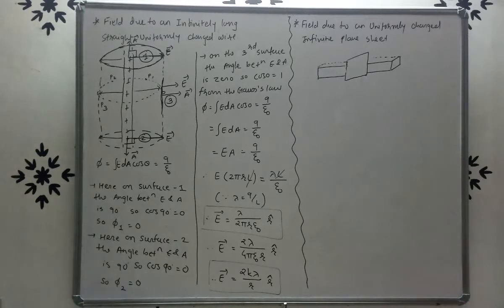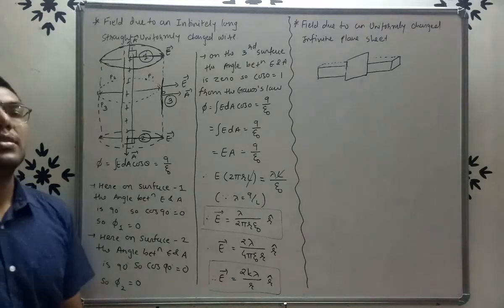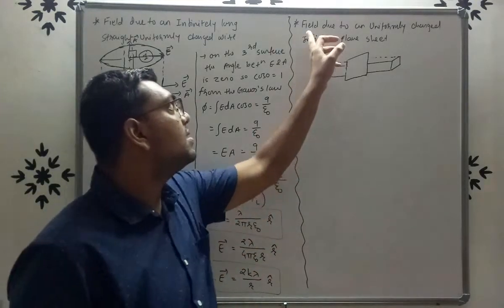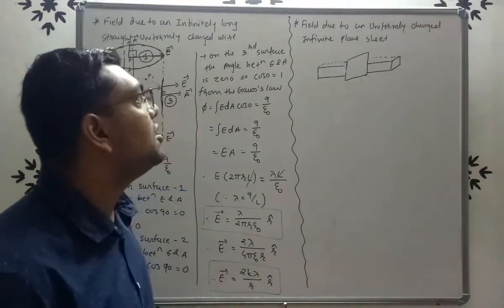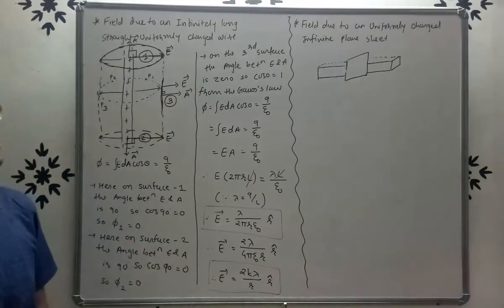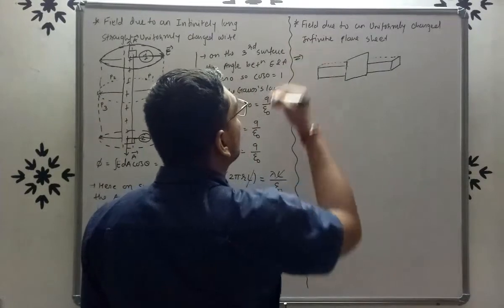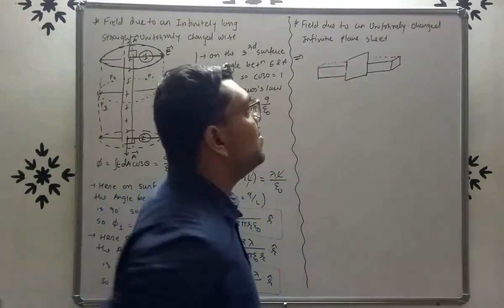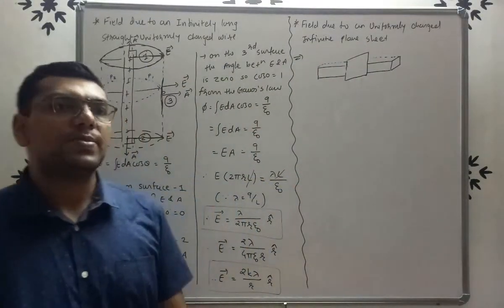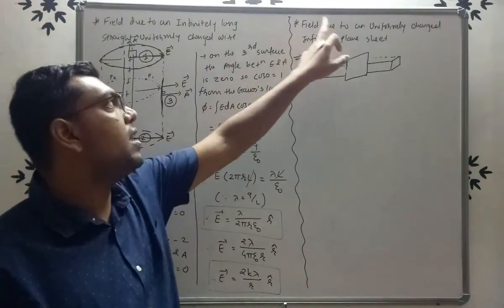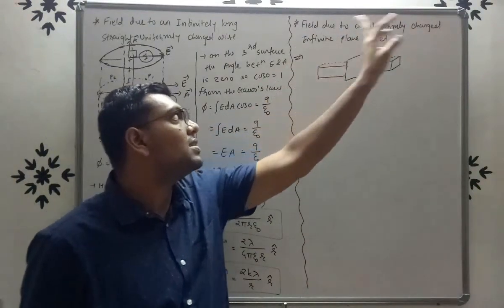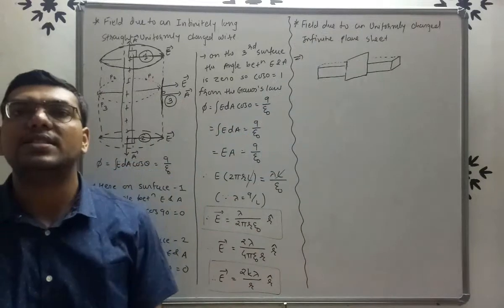Right. Now we will discuss the second application, field due to a uniformly charged infinite plane sheet. So here friends, the question will be like this: obtain the expression of electric field due to a uniformly charged infinite plane sheet.